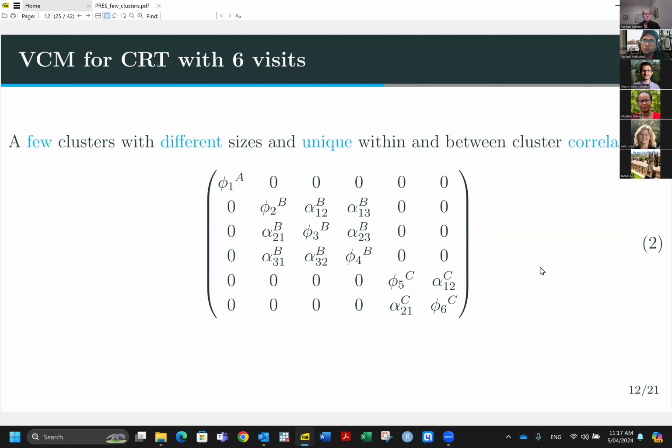The other approach, a completely different approach, is to not model correlation explicitly, but instead use a variance covariance estimator which allows for arbitrary correlations within and between clusters.